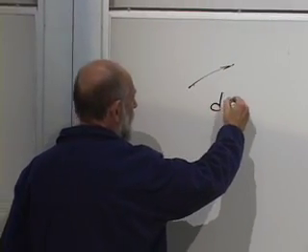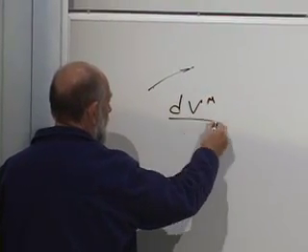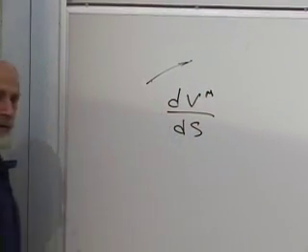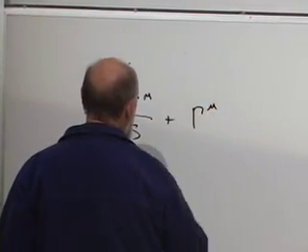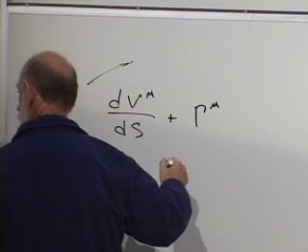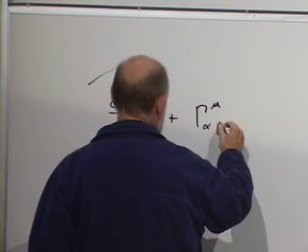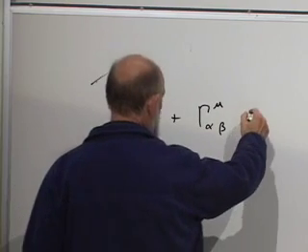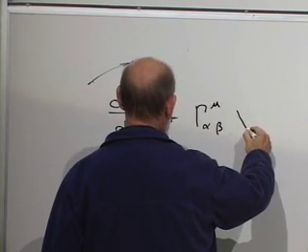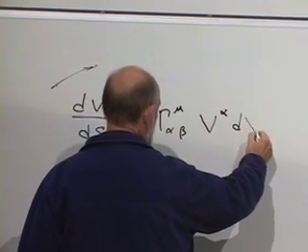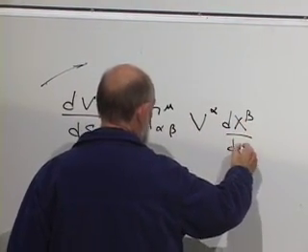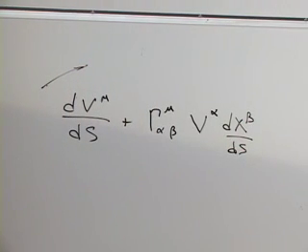It's something like dv mu by ds, s is length along the curve, plus gamma mu, I don't know, alpha beta times the v alpha times the tangent vector dx beta by ds. That was the covariant derivative of the vector v along the curve parameterized by s.